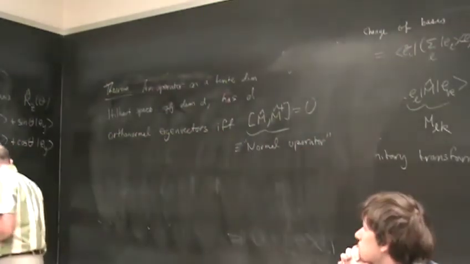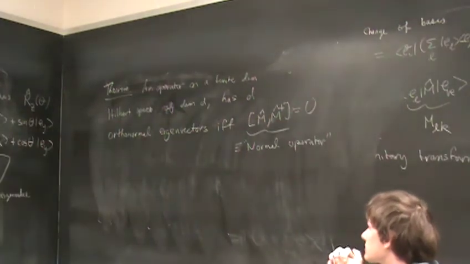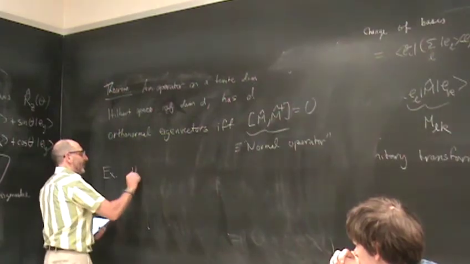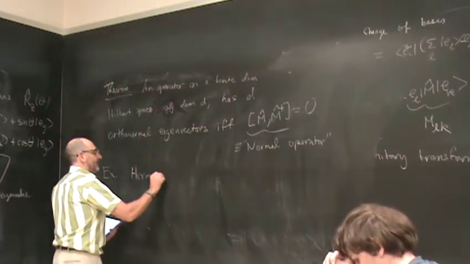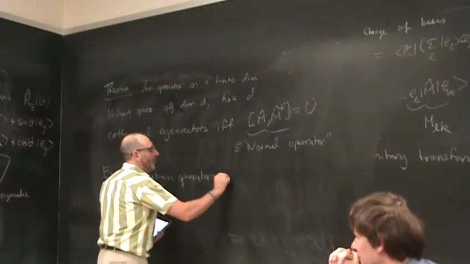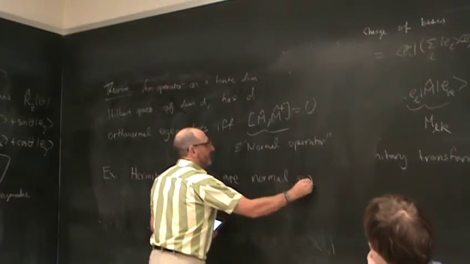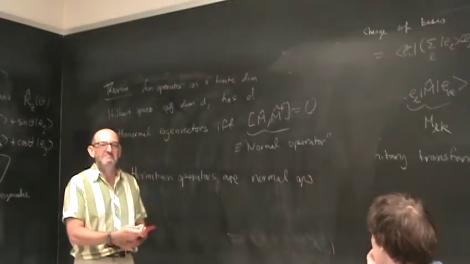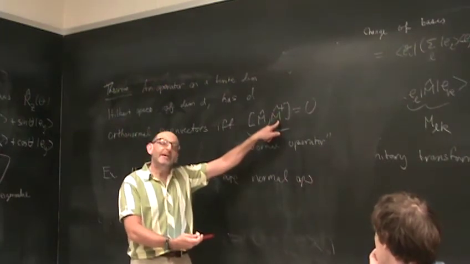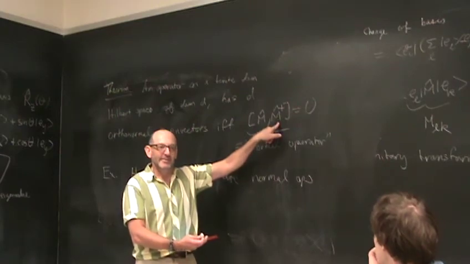Now, our favorite operators in quantum mechanics are normal operators, right? So, for example, Hermitian operators are normal operators, right? Because if it's Hermitian, M is equal to M dagger, and everything commutes with itself, right?